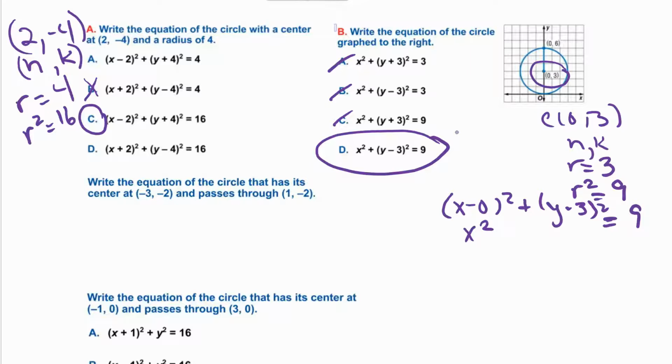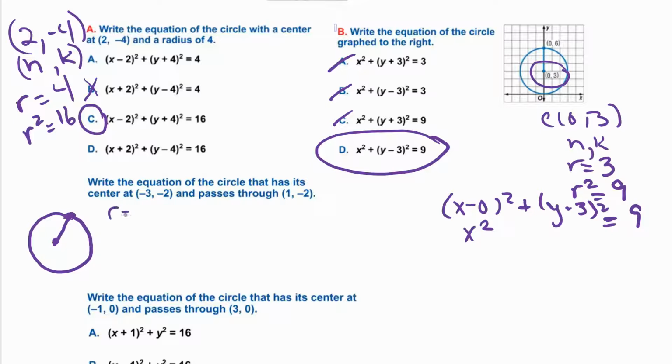The next one, we want to write the equation of the circle that has a center at (-3, -2) and passes through (1, -2). So they gave us the center, and they gave us a point on the circle. What we still need to find is the radius, and the radius would be the distance between the center and the point on the circle.